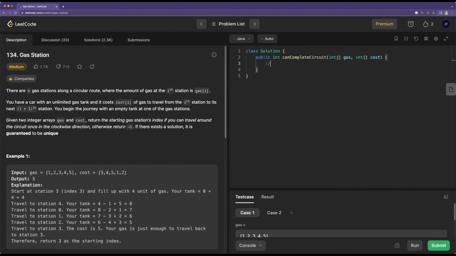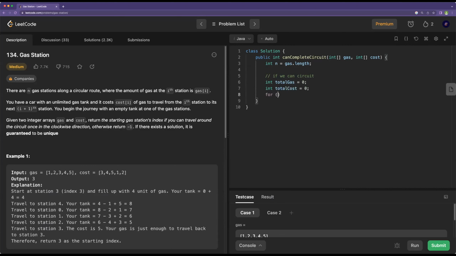So let us first take how many gas stations we have, gas.length, and then we have to check if we can complete a circuit. So for that, we have to check total gas. Let's compute the total gas and total cost.